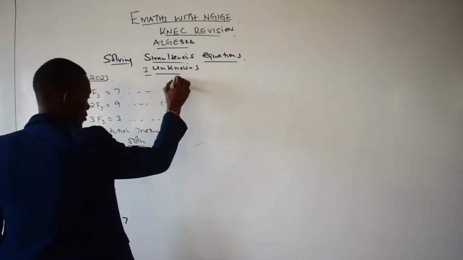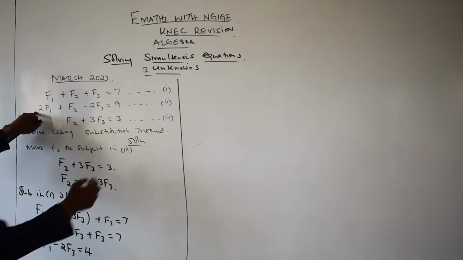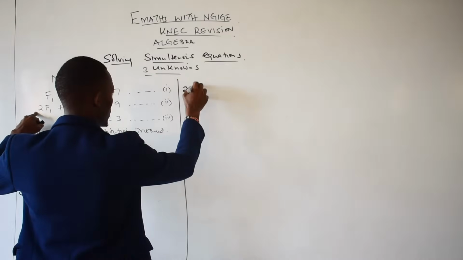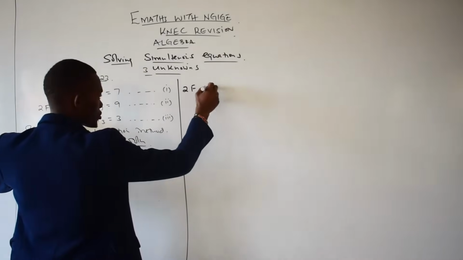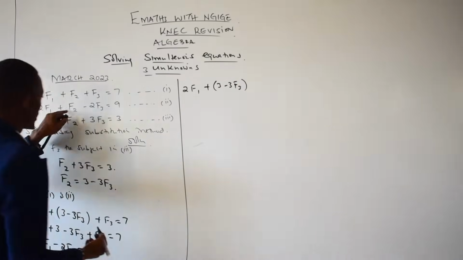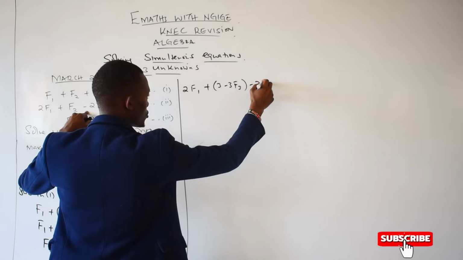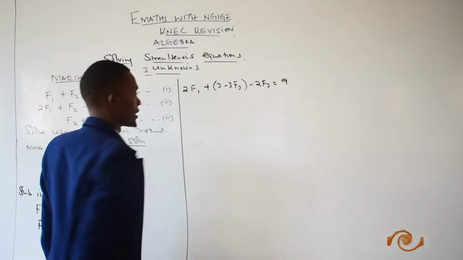Now replacing in equation 2. We have 2f1. What is our value of f2? So plus 3 minus 3f3. Minus 2f3 will give us 9.